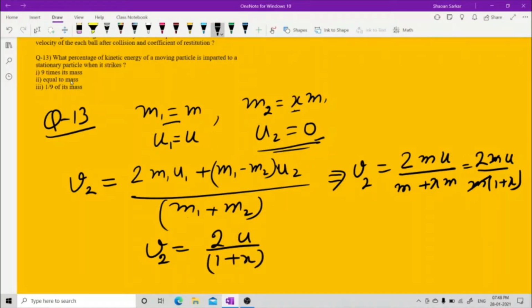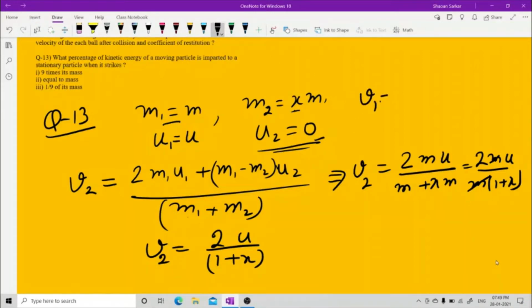They are asking you the percentage transfer of energy to the second particle by the first particle. If you want to understand v1 also, you may ask what about v1.